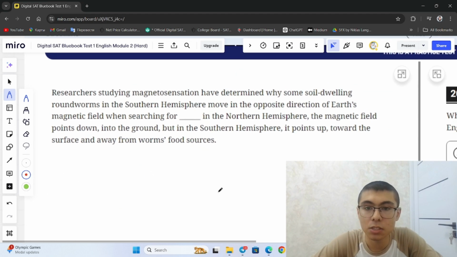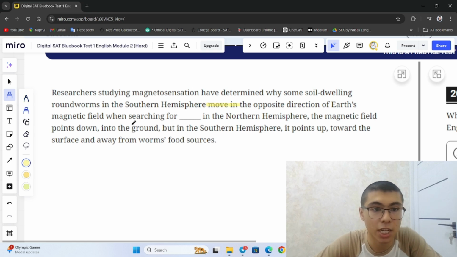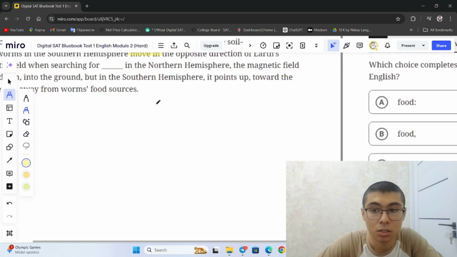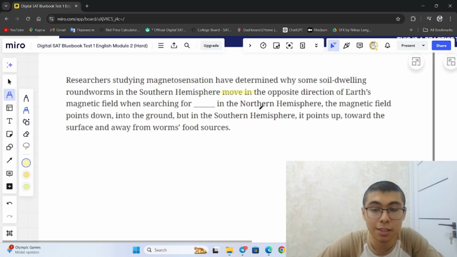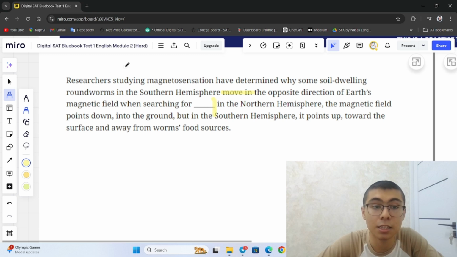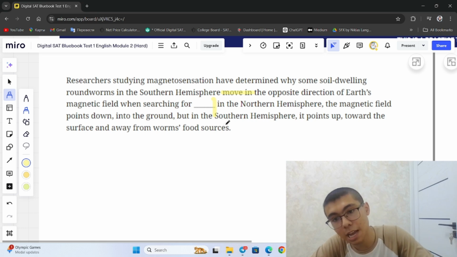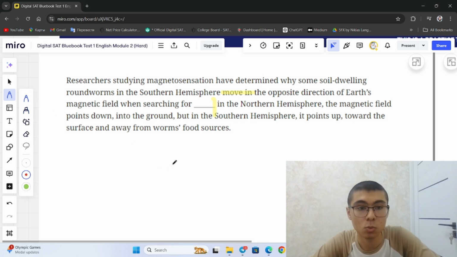Researchers studying have determined why some roundworms move in the opposite direction when searching for food. Okay. So until here, it is an independent clause. It's a complete sentence. In the northern hemisphere, the magnetic field points down into the ground, but in the southern hemisphere, it points up towards.